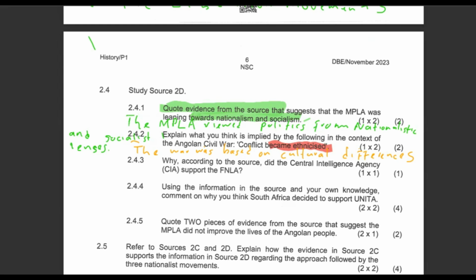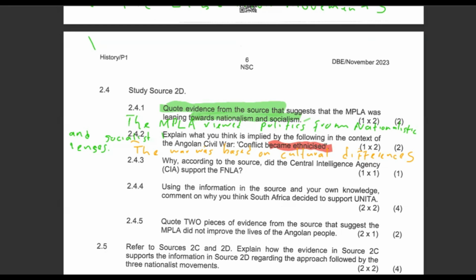Then the next question reads, why, according to the source, did the Central Intelligence Agency, which is the CIA, support the FNLA? The CIA is an American organization, so the fact that it is American shows that they did not like communism.